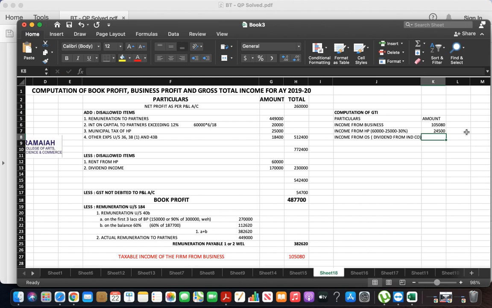So dividend from Indian company is exempted. So we are done with all the incomes.